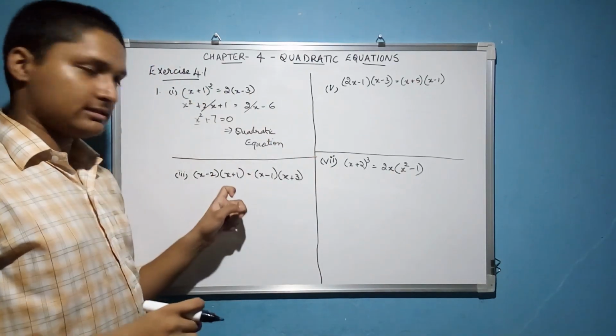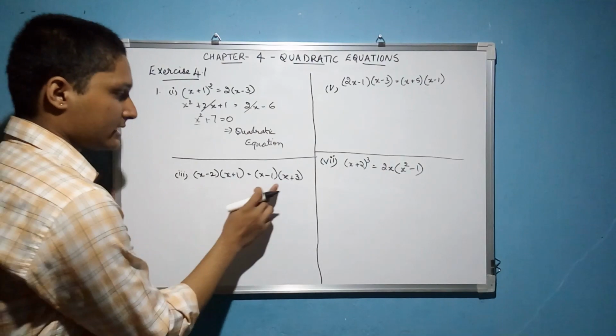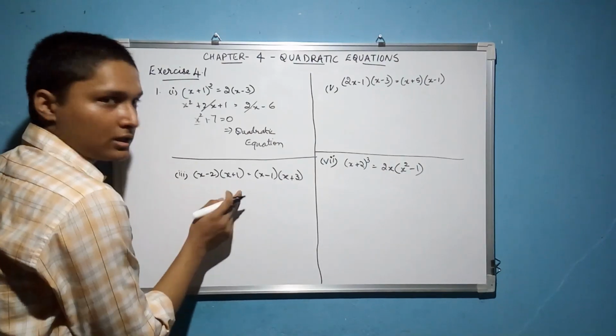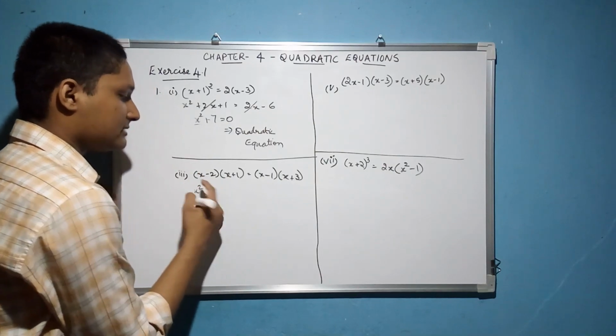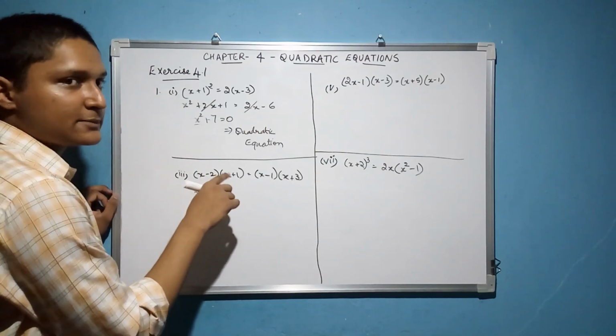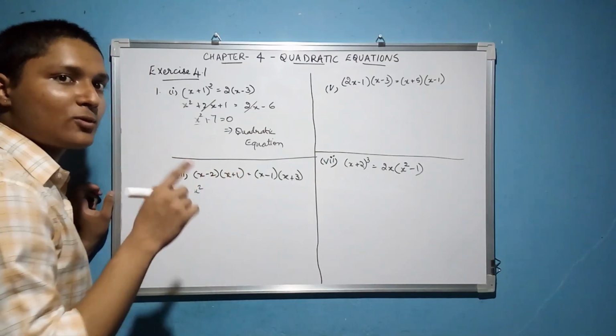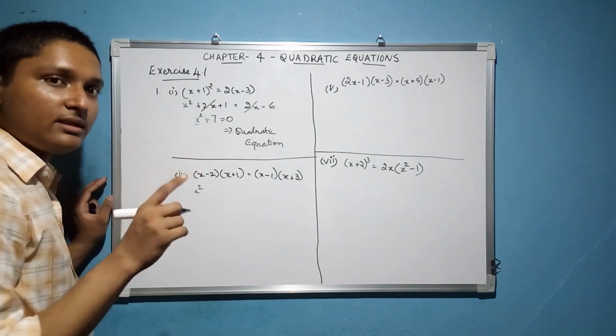Okay, now we are considering this case. Here you have two things given, so first of all you need to multiply both of them. This is x plus a into x plus b, which is x square plus (a plus b)x plus ab.